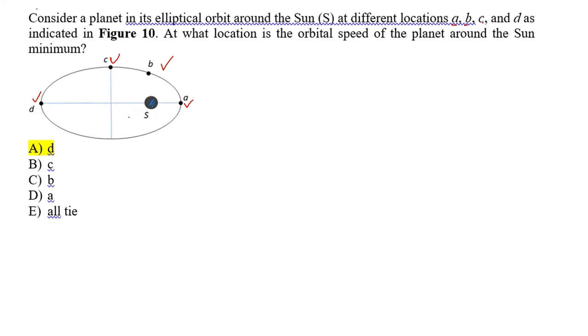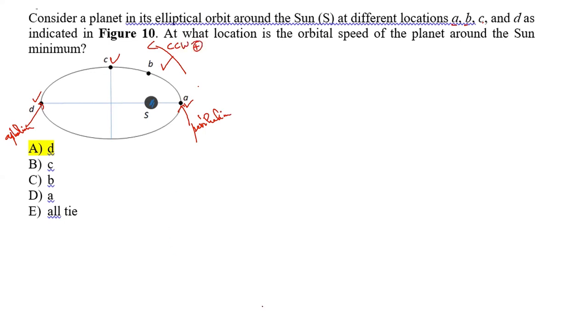Excellent. This is what we call the aphelion, and this is what we call the perihelion. You know Kepler's first law, elliptical orbit. Let's assume the planet is rotating around the sun in the positive direction, counterclockwise.